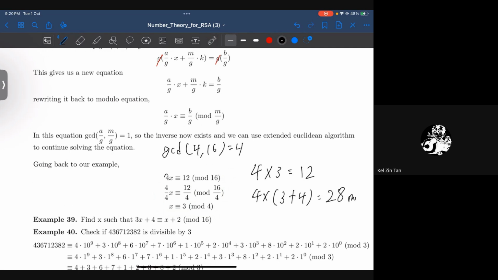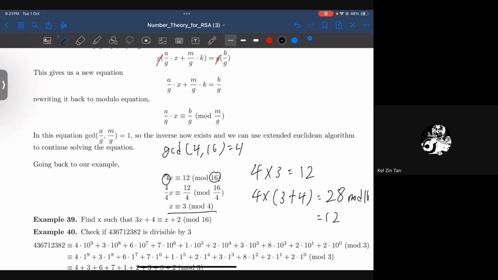So 28 modulo 16 is 12. So in the case that the term here and the term here have a common factor, you cannot just find the inverse. You can divide by the greatest common divisor and get a new equation, and then you solve from there, which is very convenient.